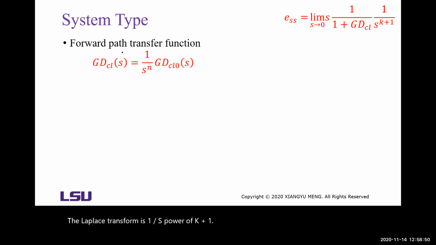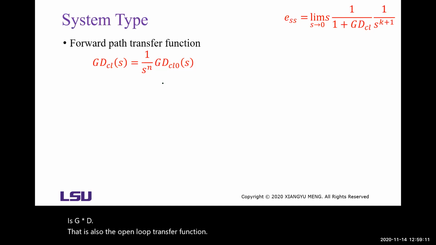Now let's define the forward path transfer function. It's G times D. That is also the open loop transfer function. We can define the system type according to the number of poles at the origin.